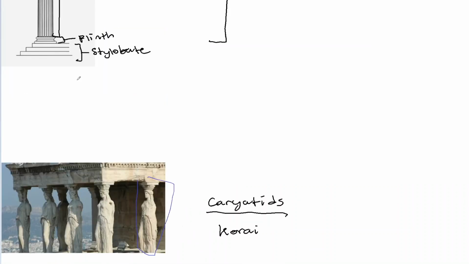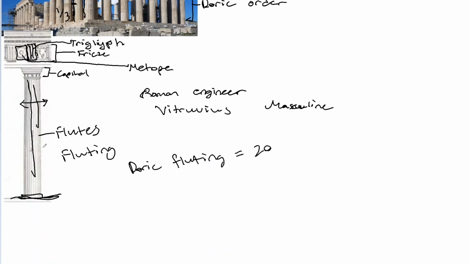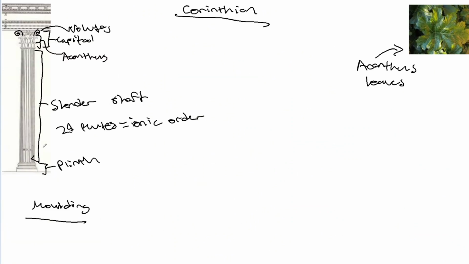You can see it up here as well, like these lines that are added into the architrave. That's called a molding. Moldings are used to transition between elements of the structure, which makes the orders more decorative.